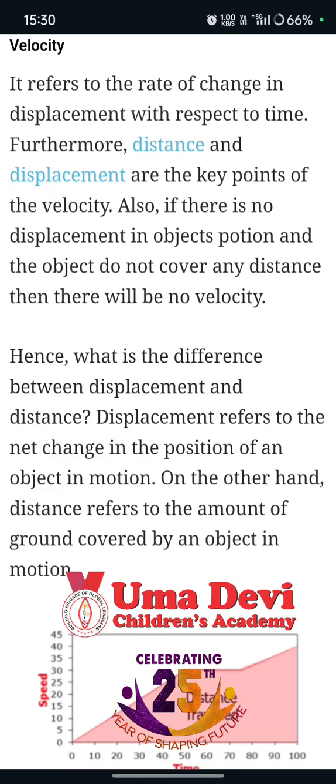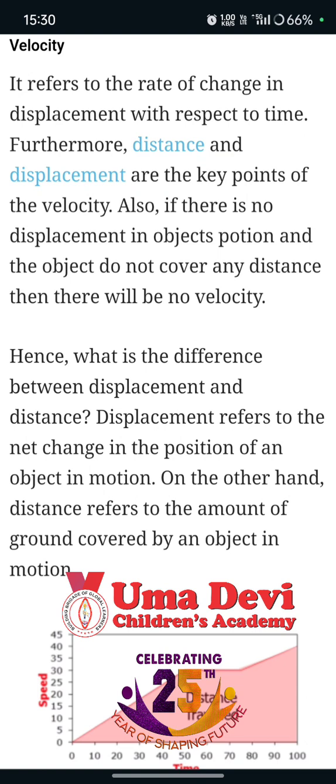Okay, now here we can also see that displacement refers to the net change in the position of an object. So what is net change? If an object is moving from point A and it is again coming to point A, did you see any change in its position?